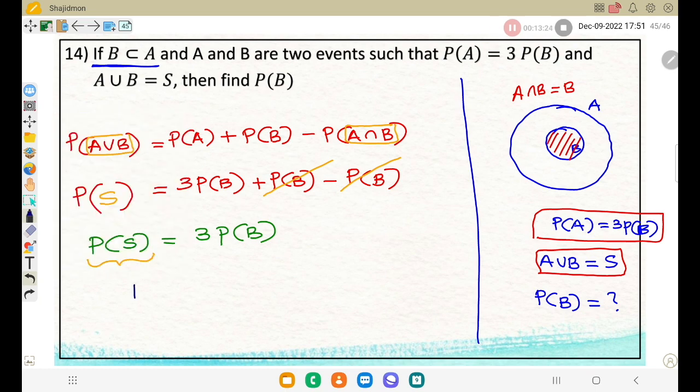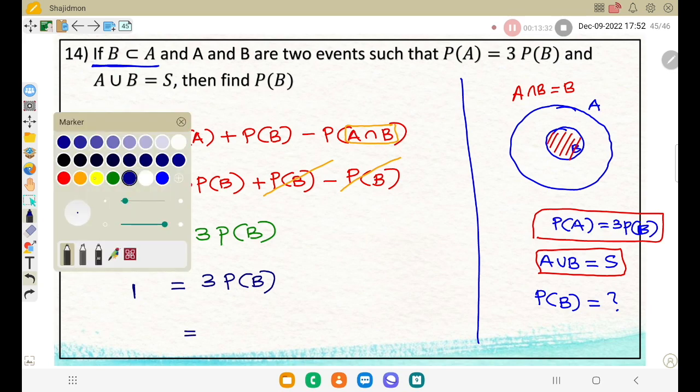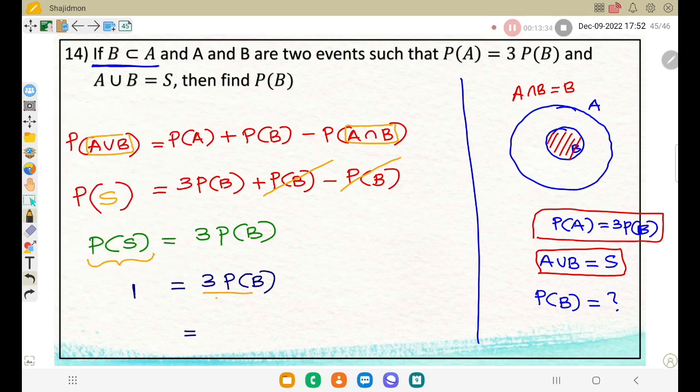So 1 equals 3 times the probability of B. From this, divide both sides by 3, and you will get the probability of B. So the probability of B equals 1 over 3. That is the answer here.